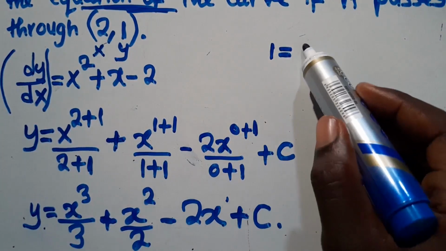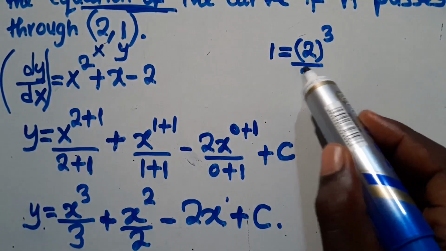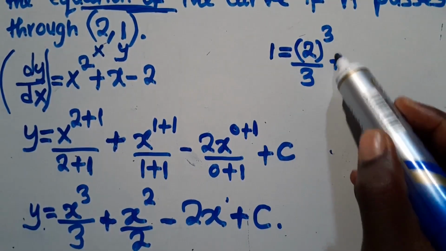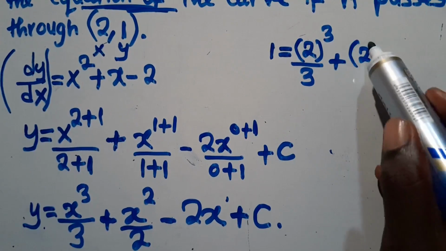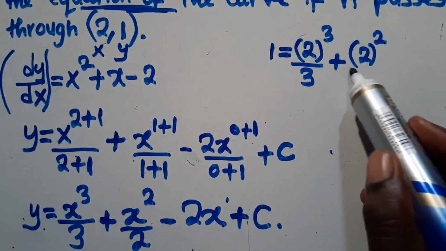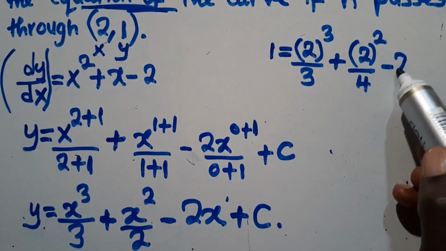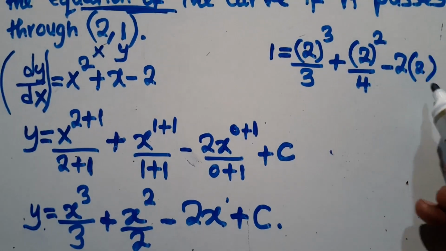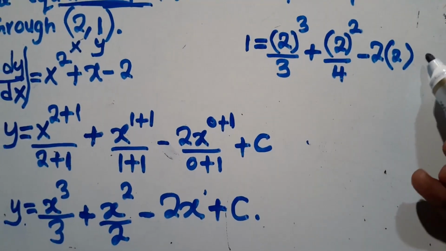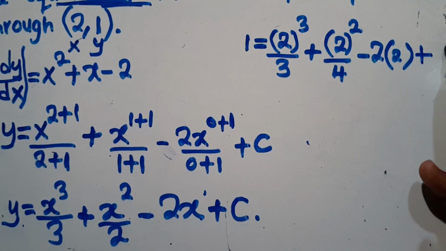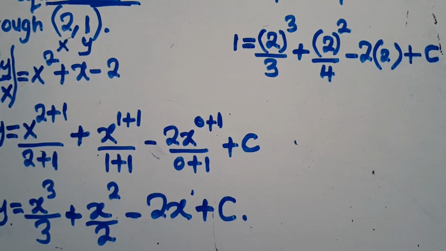So this is 2 raised to the power 3 over 3 plus 2 raised to the power 2 over 2 minus 2 multiplied by 2, then plus c. This is what you are going to do.